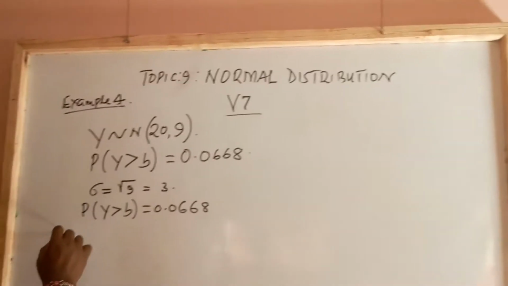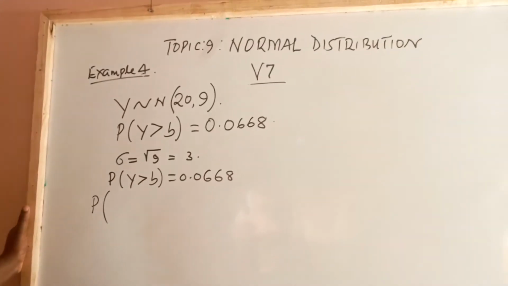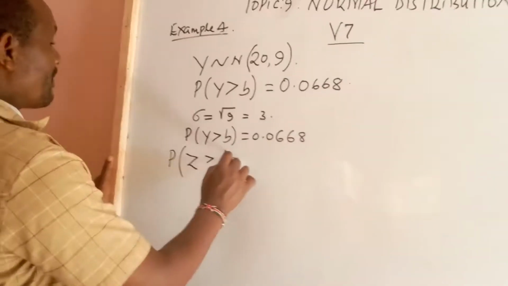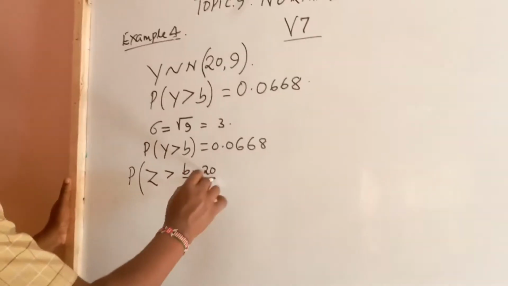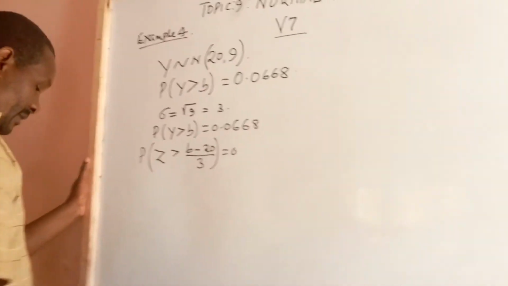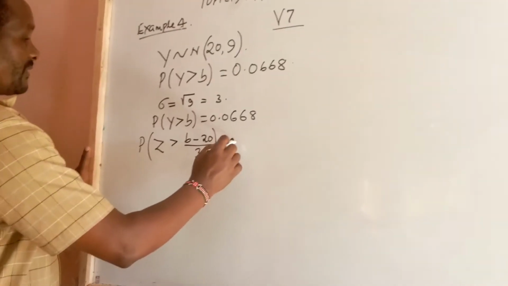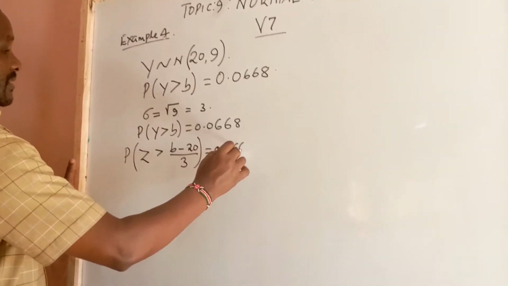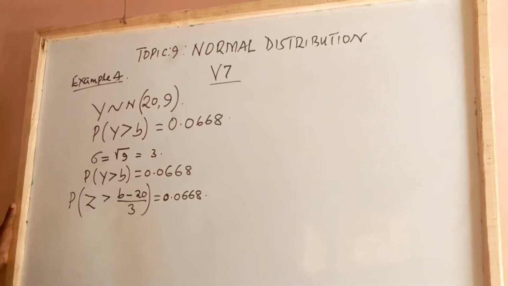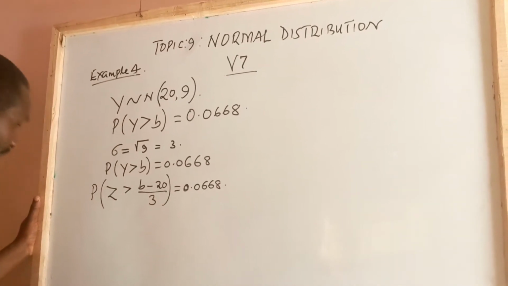That means we can rewrite it as the probability of Z greater than (b minus 20) over the standard deviation, which gives us 0.0668. And because we have brought in Z, we can use the table.